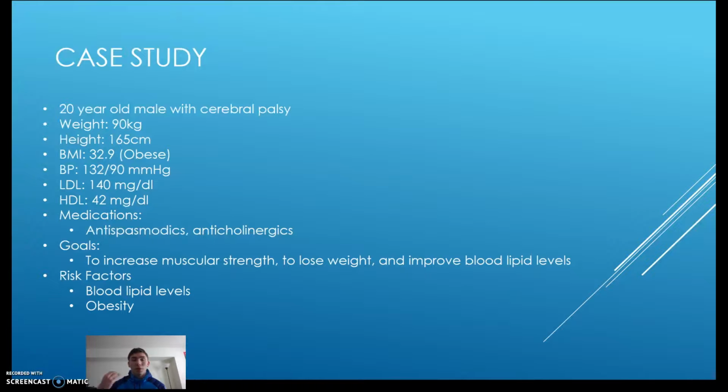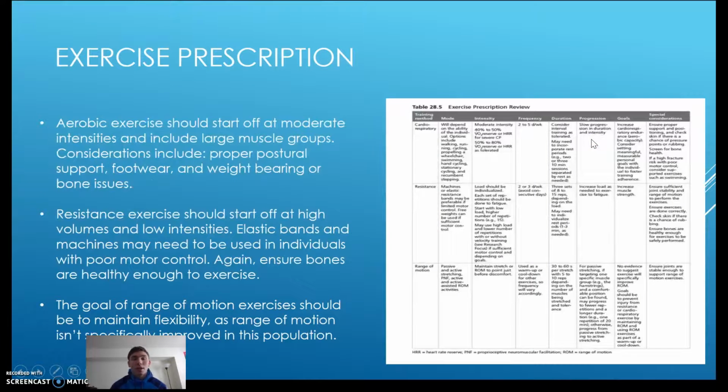So again, if we were to set up a sample exercise prescription, looking at our chart right here, we might put this person on a 3 to 4 day per week program initially, again at moderate intensity, to attempt to lose some of this weight and attempt to improve these blood lipid and hypertension levels.